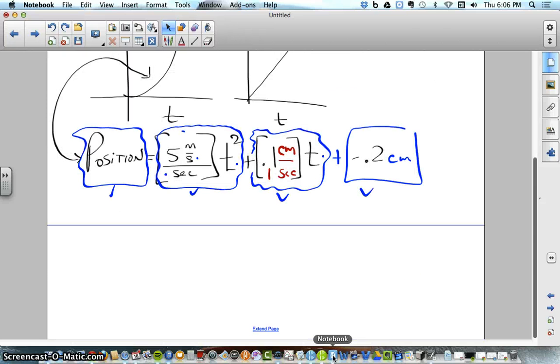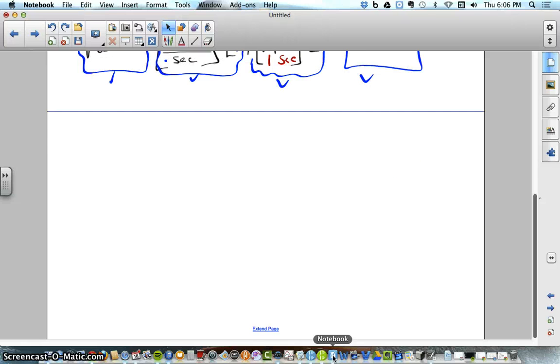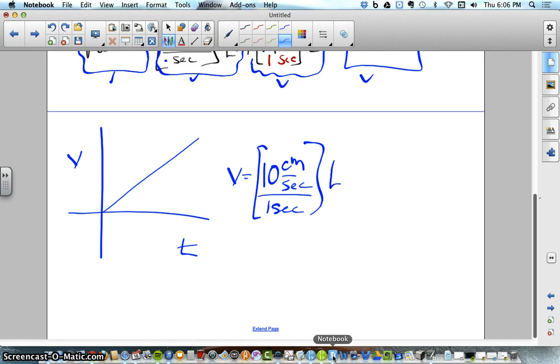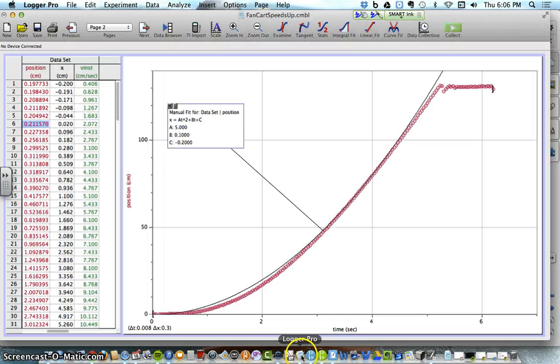Well, it'll be easier to figure out if we actually look at our velocity graph, okay? So our velocity graph turned out to look like this, right? And we got this equation, v equals, I think it was like about 10 centimeters per second per 1 second times t plus, I forgot what our intercept was.